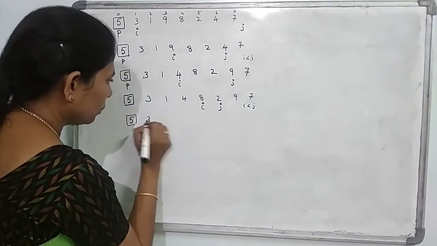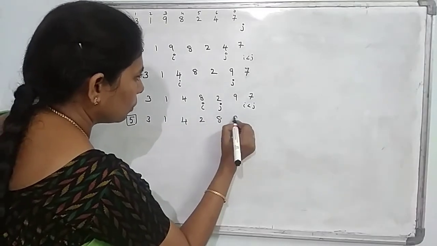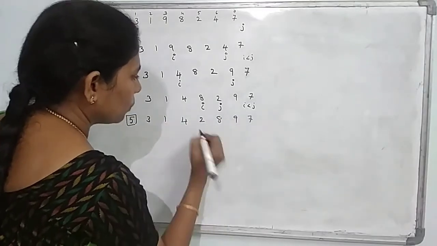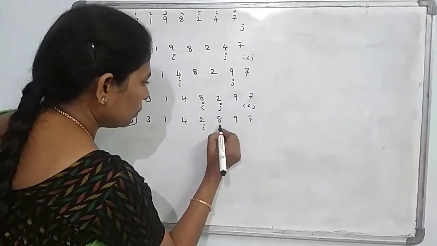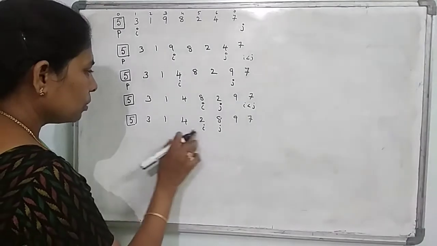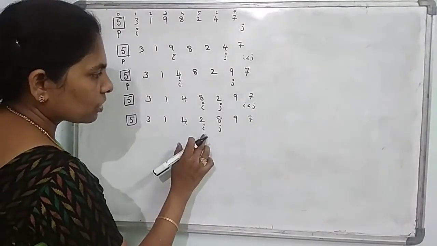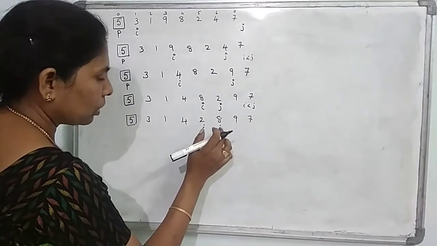5, 3, 1, 4, 2, 8, 9, 7. So this is the I value and this is the J value. Again you can apply the same process. So 2 is less than 5. So you can skip the element. Now 8.